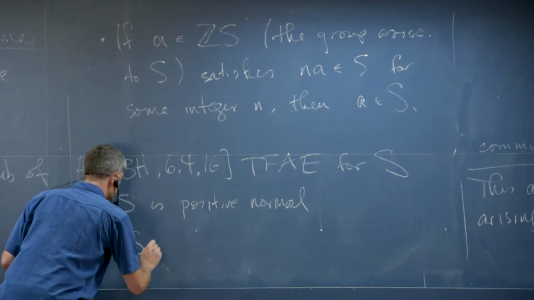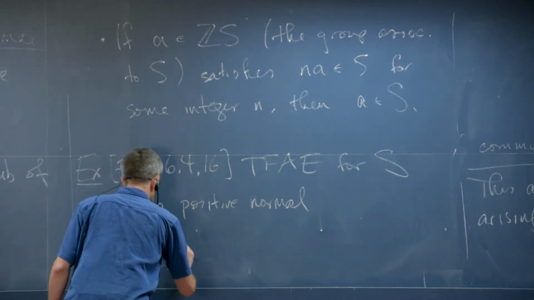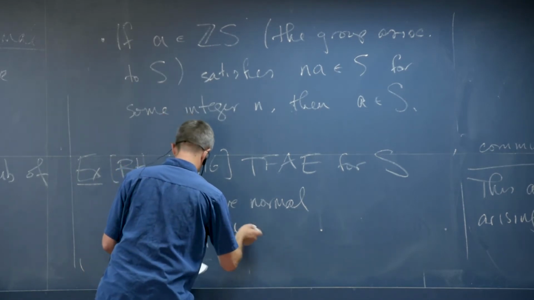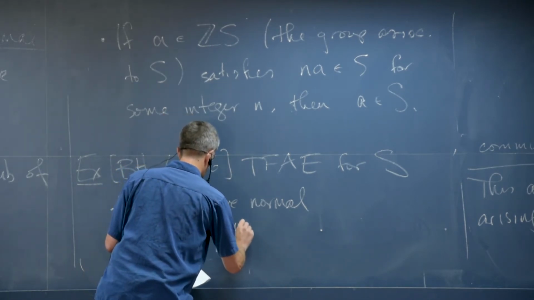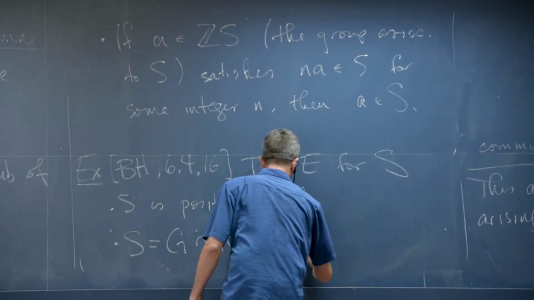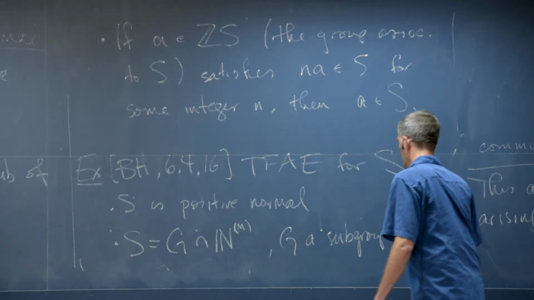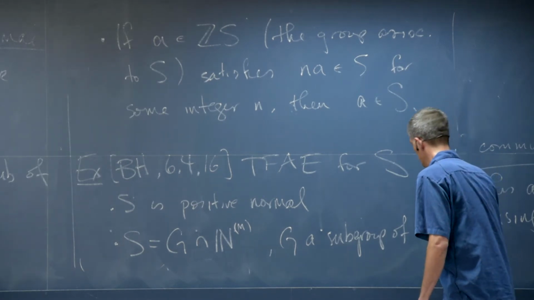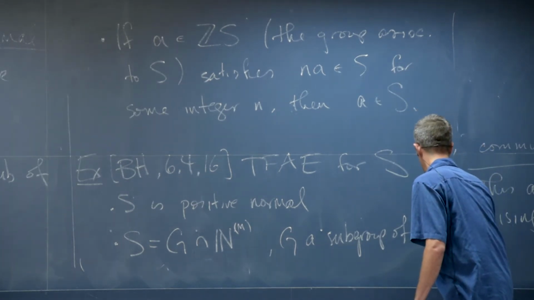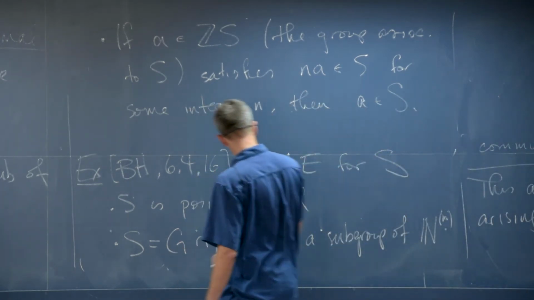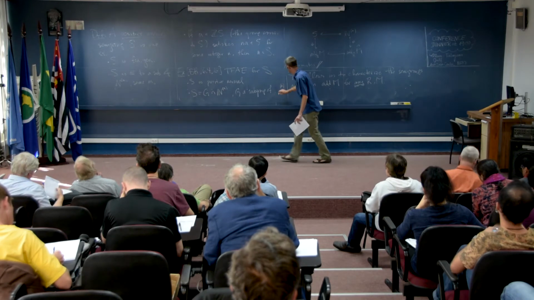Secondly, S is the intersection of N to the m with a subgroup G of Z to the n. And I should maybe put here the Z to the n, thank you, yep.